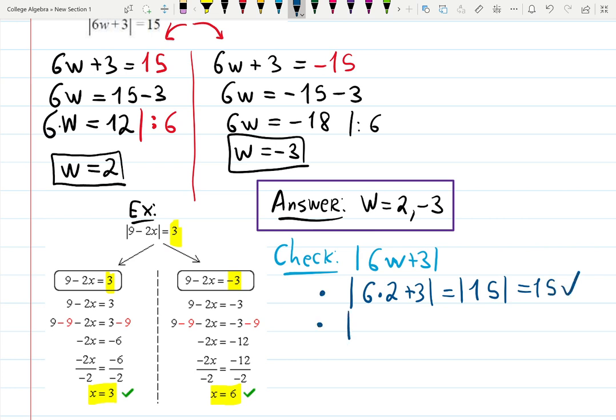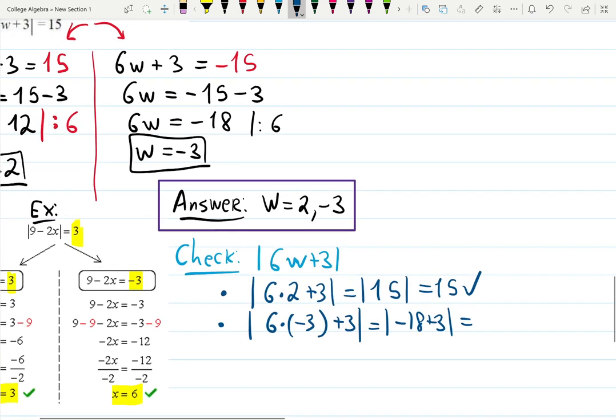For the second root, I will have 6 times minus 3, don't forget to put parentheses, plus 3. It is going to be minus 18 plus 3. And that means inside of the absolute value, I have minus 15. But absolute value makes negative input positive or 0.